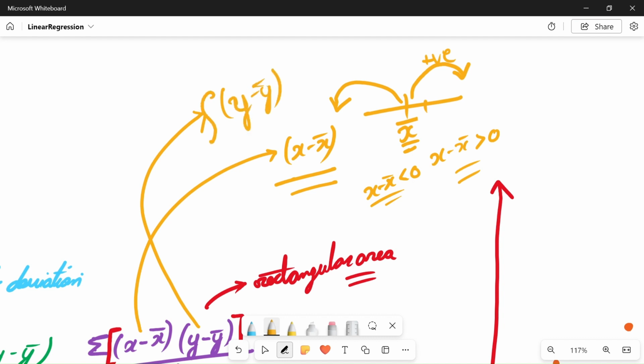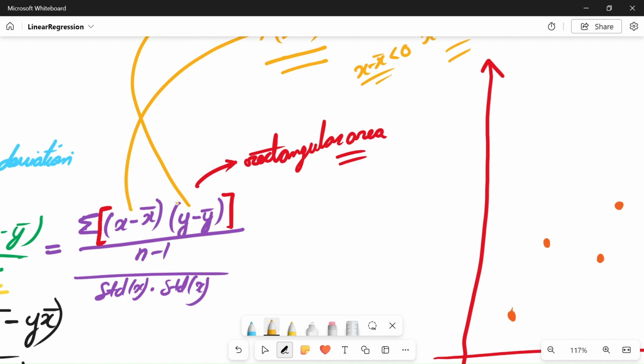Now, in the second part of the expression, let me show you. In the first part we have shifted the origin to x bar. In the second part we have shifted the origin to y bar.